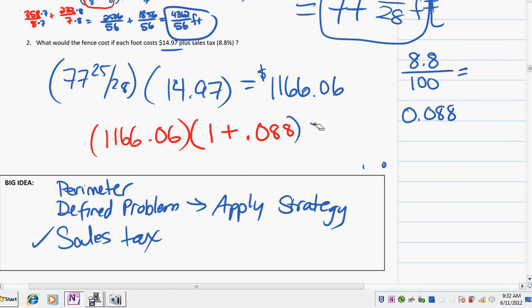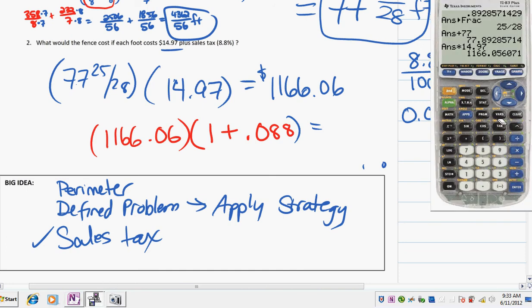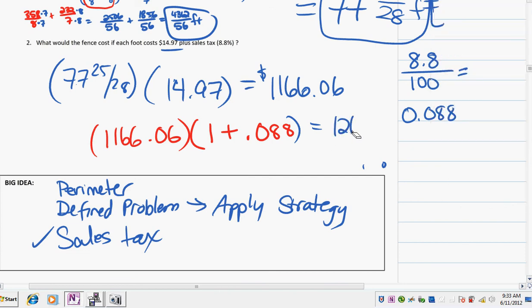So when I do this multiplication, I do 1166.06 times, and I'm going to open a parentheses, 1 plus 0.088, close the parentheses, hit enter, and so it's now 1268.67.